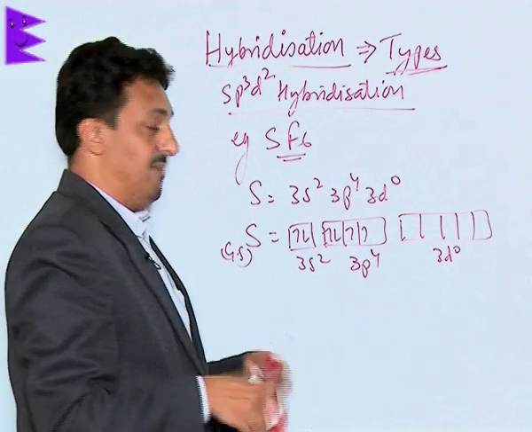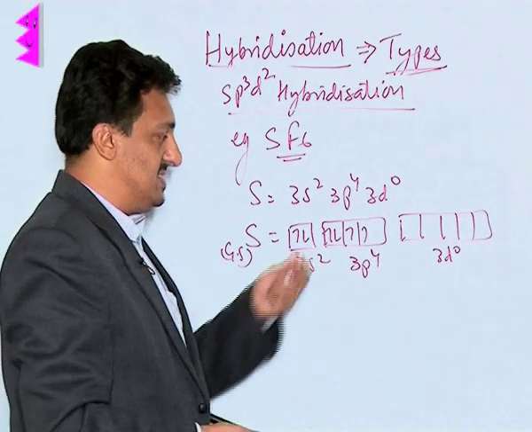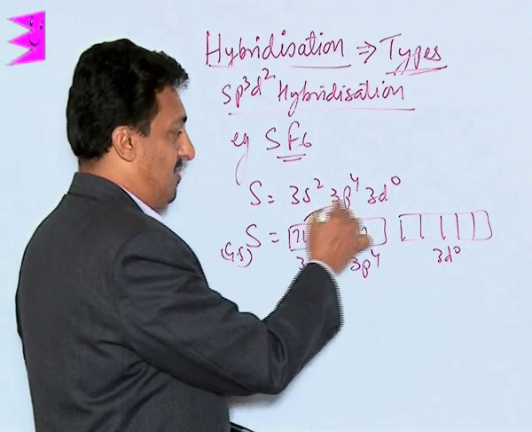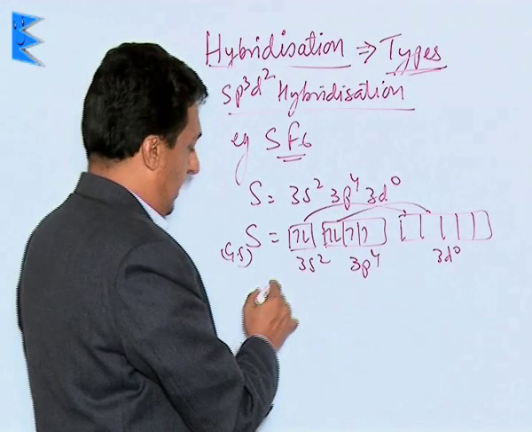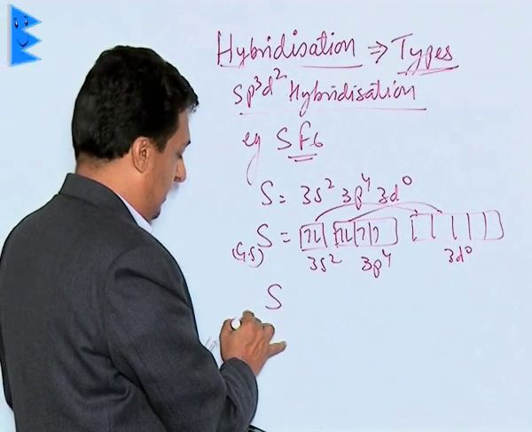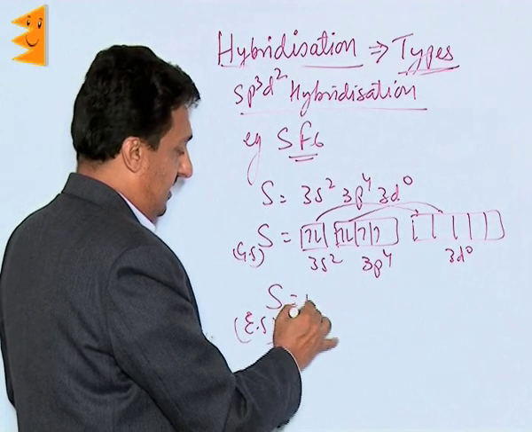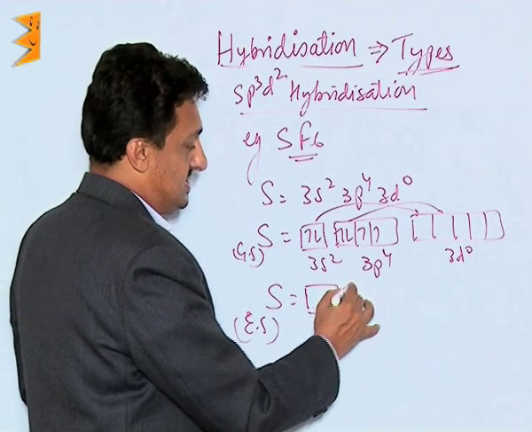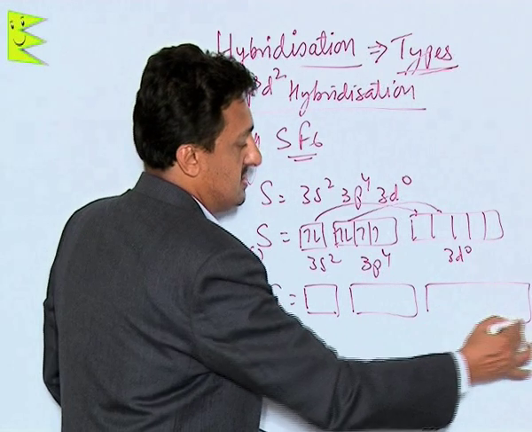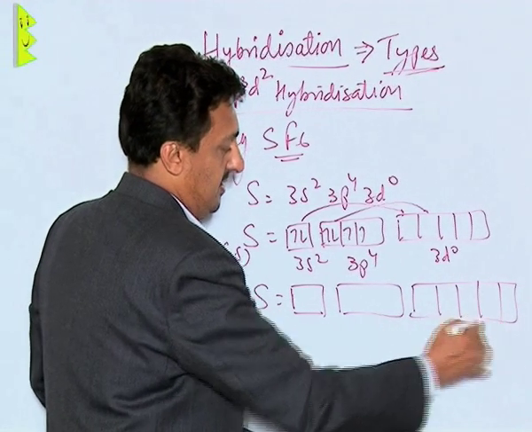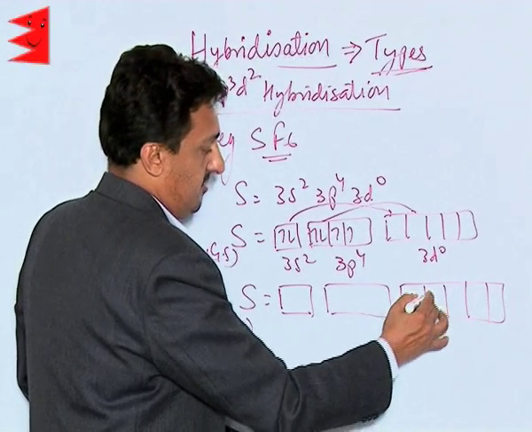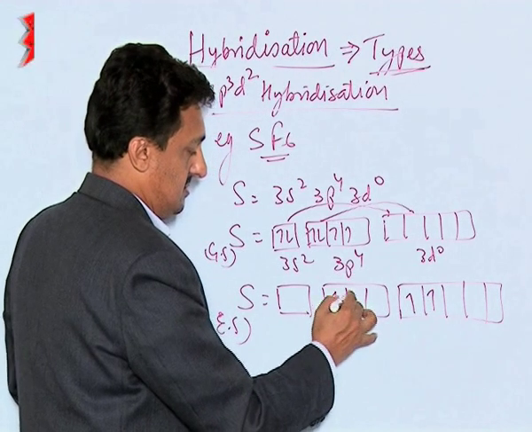Now, in order to have maximum covalency, since sulfur has d, its two paired electrons get unpaired. And in the excited state of sulfur, all 6 electrons are now unpaired. It's almost like this.